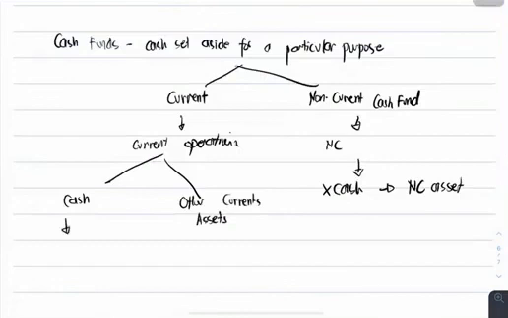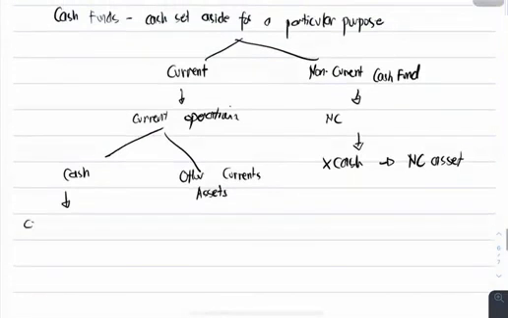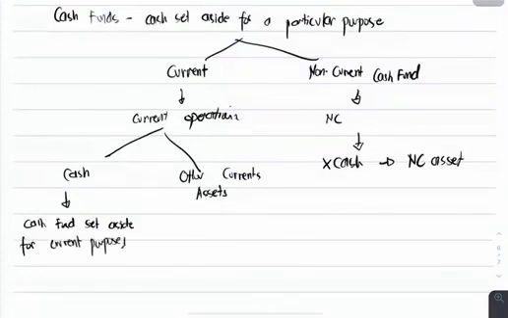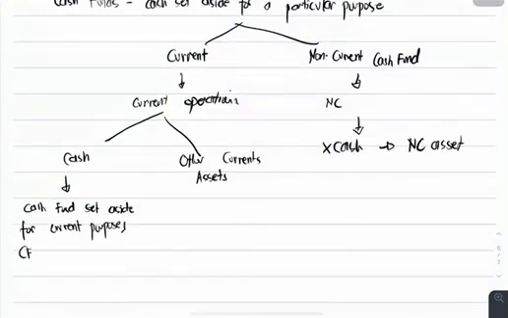If it's part of cash, it is a cash fund set aside for current purposes. For example, the cash fund should support a current asset or a current liability.